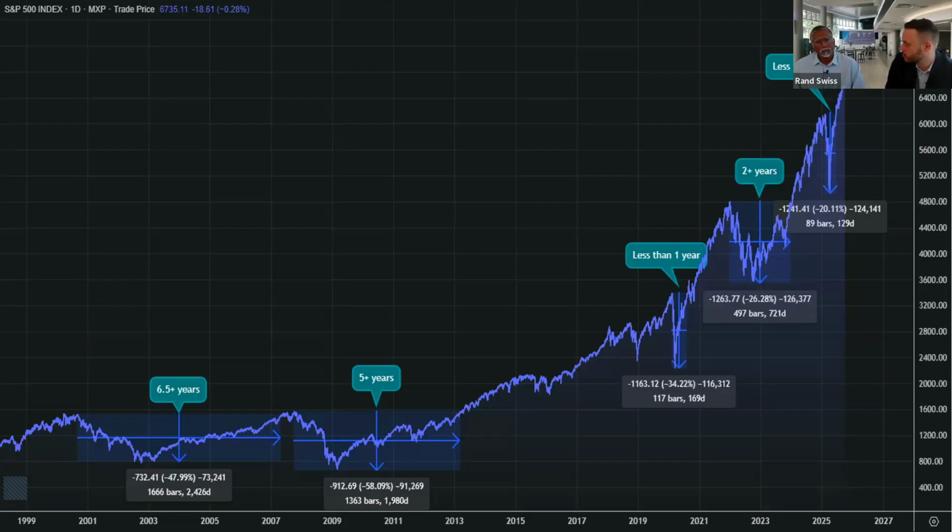But we've seen the first cut from the Fed this year. The market is pricing in 2 more cuts, in the October meeting and the December meeting. And I think there's definitely been a shift in the Fed's view towards the labor market over the inflation picture, even though inflation is running a little bit hotter.